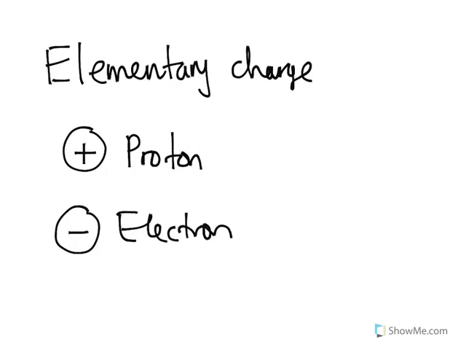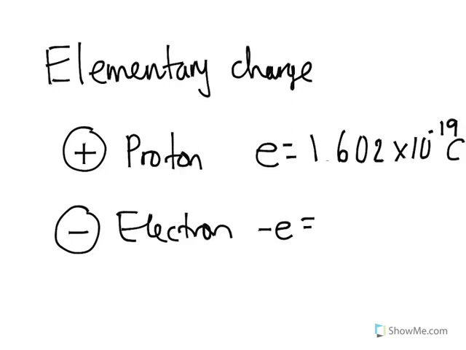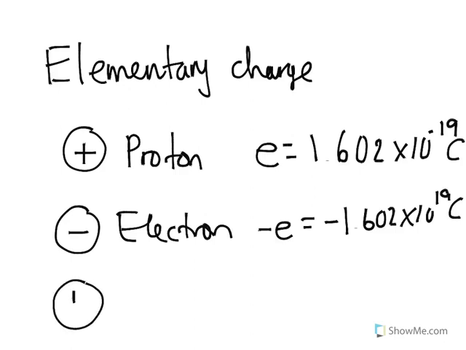The elementary charge, stated with e or minus e, is 1.602 times 10 to the minus 19 coulombs, or for the electron minus 1.602 times 10 to the minus 19 coulombs. While we have another particle, the neutron, and the neutron has no charge.